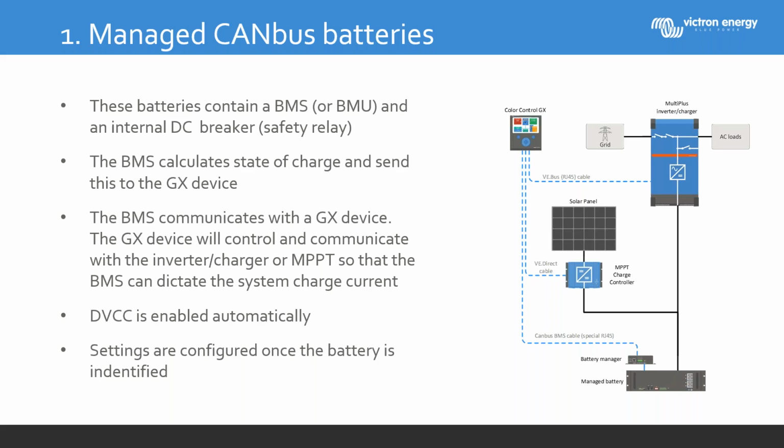And depending on which managed CAN bus battery you have, that information is all sent to the GX device, and the GX device becomes the system controller, and now communicates with all the battery chargers and the inverters. And depending whether your inverter charger is actually acting as a charger, the GX device will send the charge commands to both the MPT and the charger to compensate for what the battery wants.